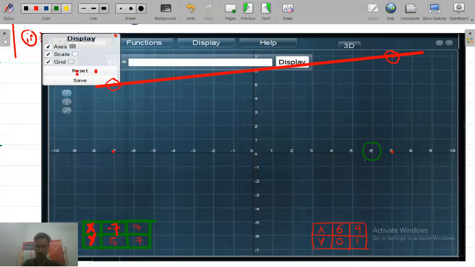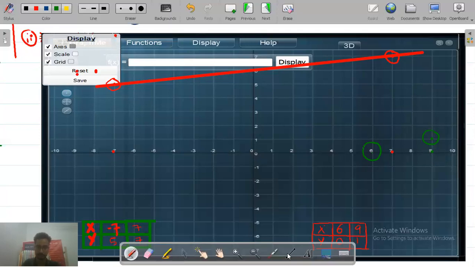The next point is x is 9, so x is 9 means this one, and y is 1, so the next point will be this one. Now if you join these 2 points, it will be one straight line again, yes or no?